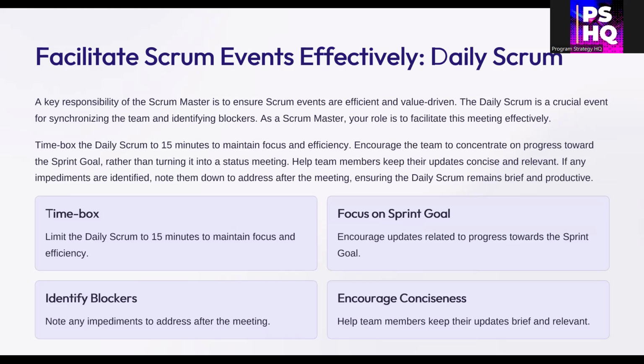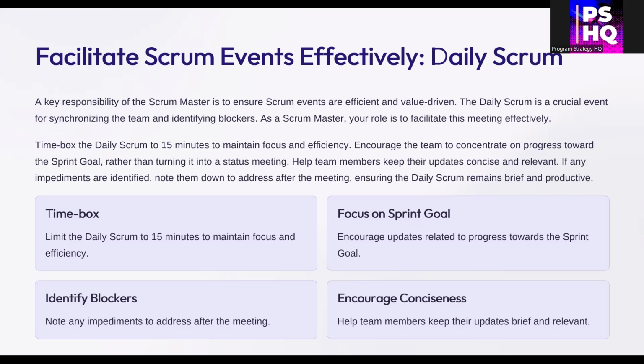As Scrum Master, you're here to keep things focused and brief. Encourage updates that connect to the sprint goal and make sure blockers don't derail the entire meeting. Remember, the key is energy, clarity, and collaboration, not a monotonous status report. Have a parking lot to discuss the points which are taking more time.